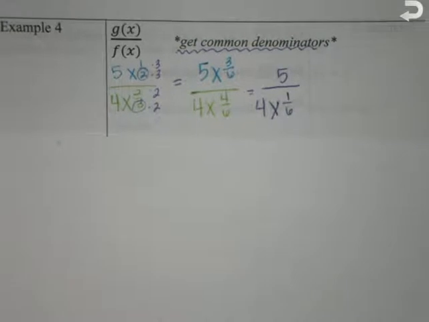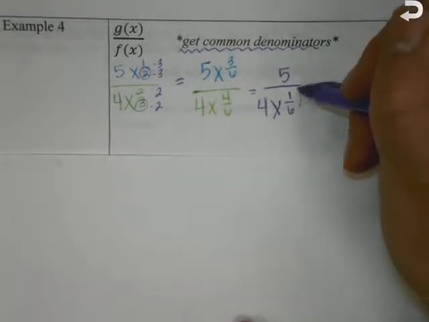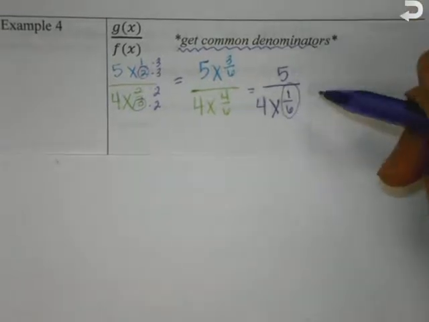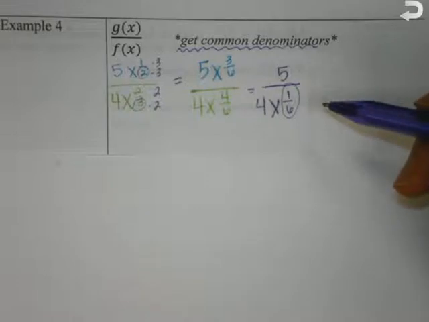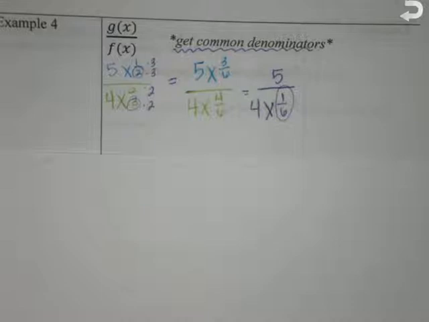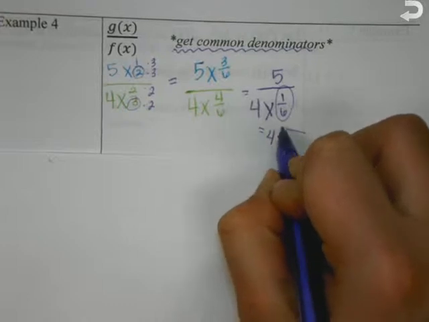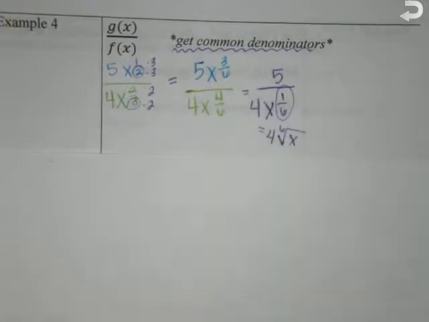Okay. Now let's think about it. This exponent is actually a root, right? So is there anything in the denominator that does not belong? Yeah. I could rewrite this as 4 times the 6th root of x, and it's in the denominator. What's not supposed to be there? That root.